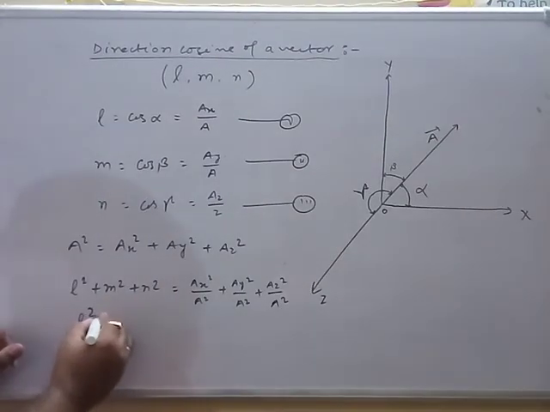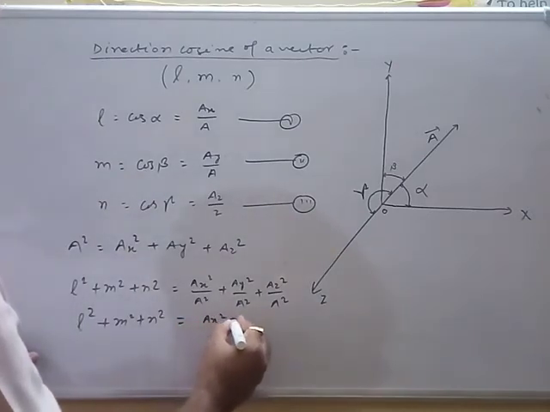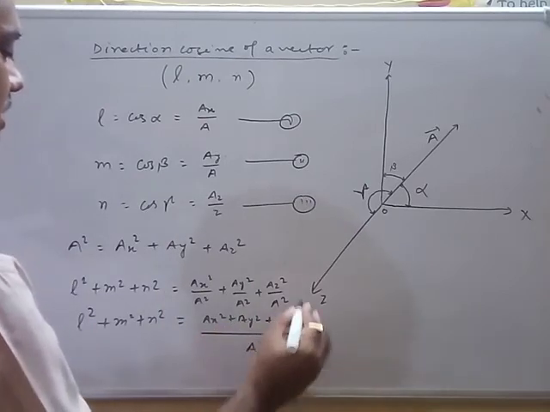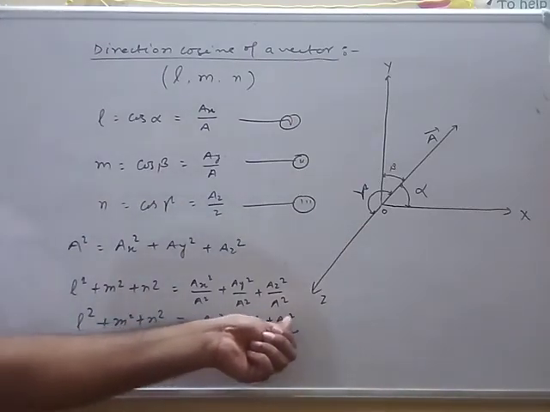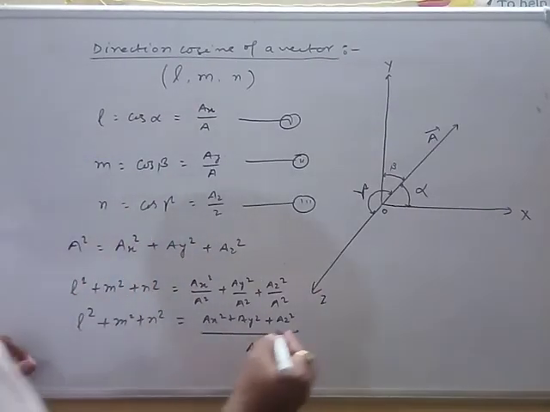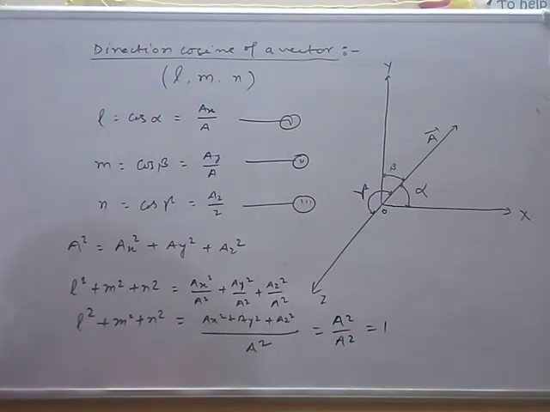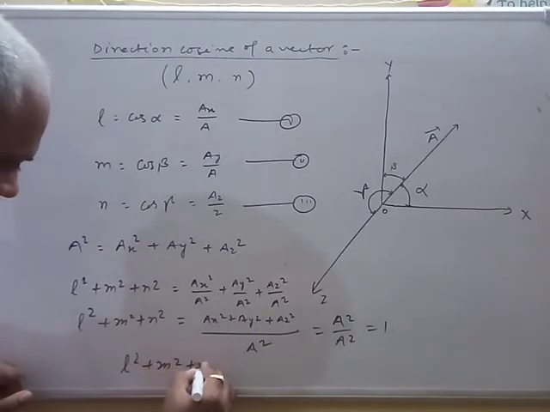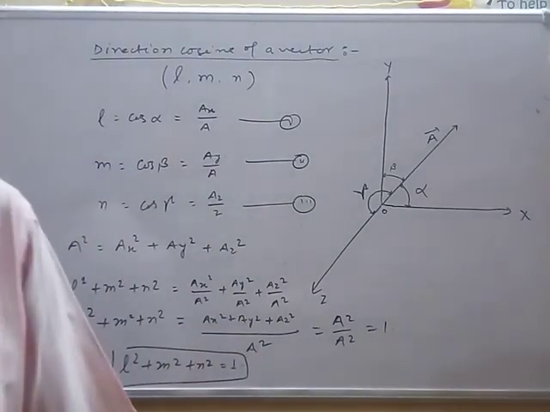Now l square plus m square plus n square equal to ax square plus ay square plus az square upon a square. Look at its numerator: ax square plus ay square plus az square is equal to square of magnitude of vector a, equal to a square by a square equal to 1. That is, l square plus m square plus n square equal to 1. This is the direction cosine relation.